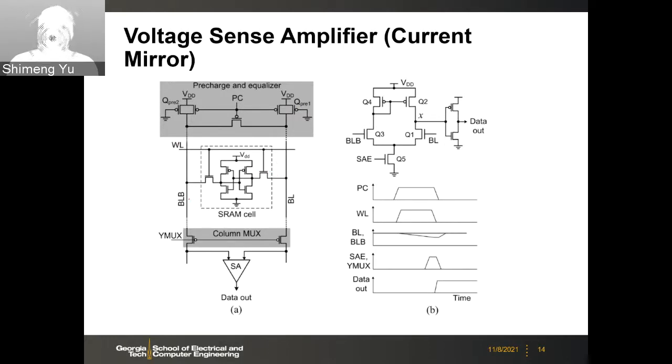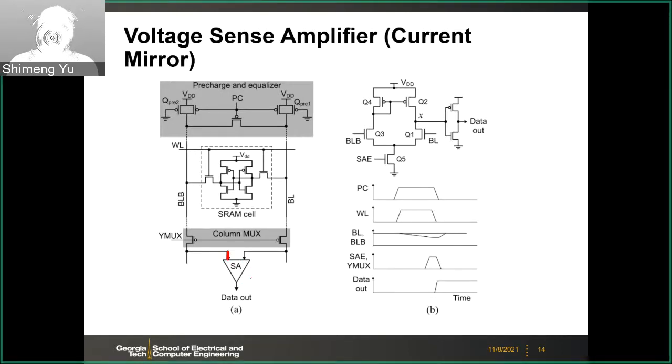Even for other memories, like DRAM or other emerging memory types, you only have one bit line. The sense amplifier always takes a differential input. You have one input from your memory bit line. The other input will come from some reference or dummy column.